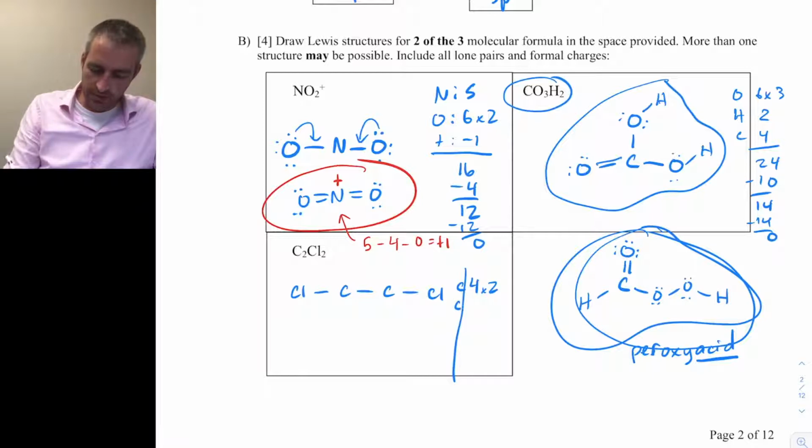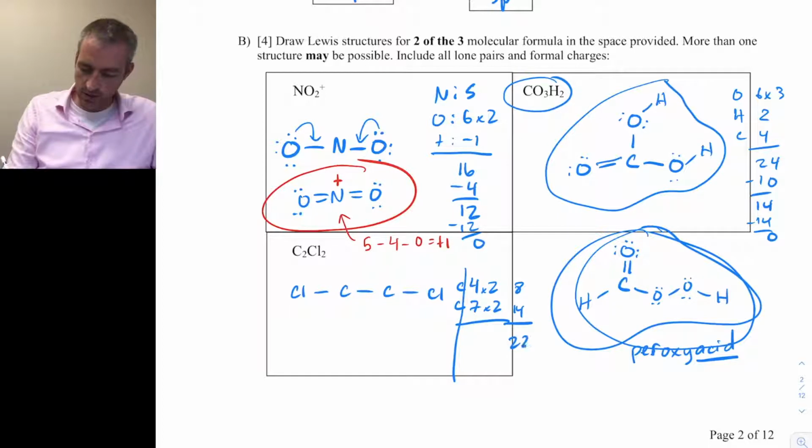For the chlorines, we're going to get 7 times 2. The total here is going to be 8 plus 14 is 22, minus 2, 4, 6 for the 3 bonds. We've drawn 16. Fill outer octets first.